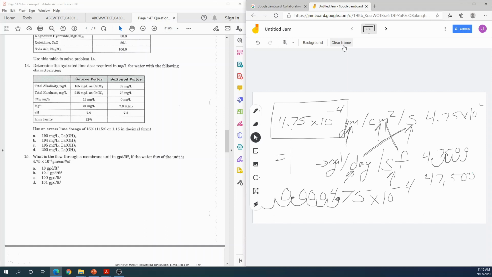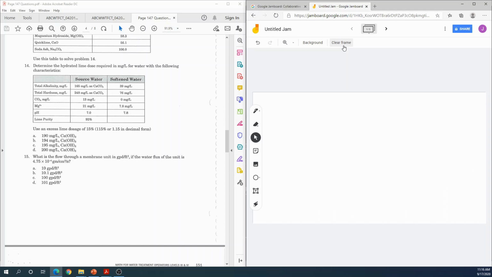But I digress. So let's get back on track here. So what we know is we have 4.75 times 10 to the minus fourth grams per centimeter squared per second.